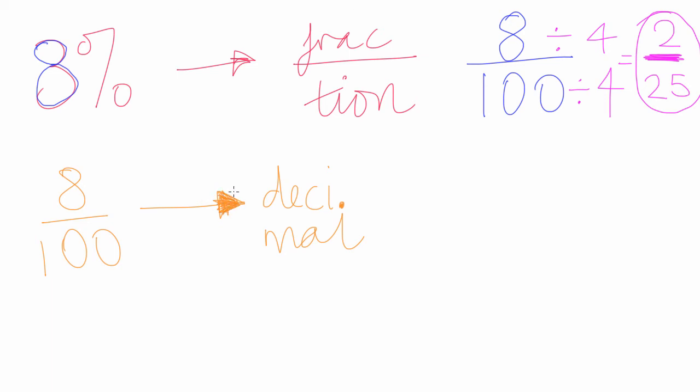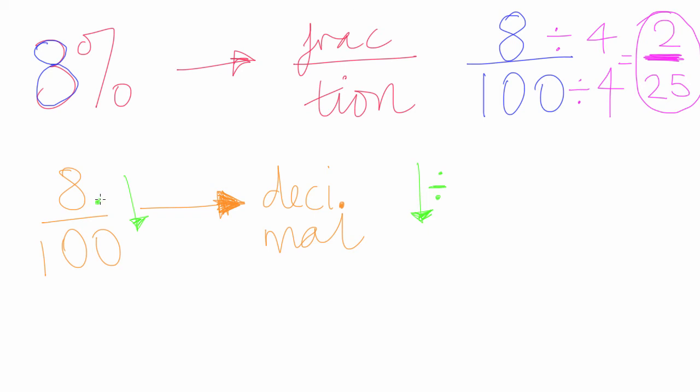Look now. That's right, you treat it as division. So you read it down as division. And dividing by 100, 8 divided by 100, because we read it down.